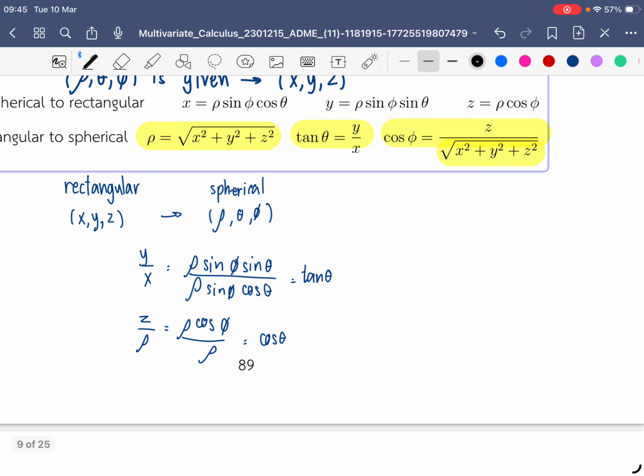But then you can keep going. So your biggest angle here is pi. Typically, phi will go from 0 to pi. It will be in this range. But which angle is it? It depends on the problem. Theta ranges typically from 0 to 2 pi, like the polar coordinate.